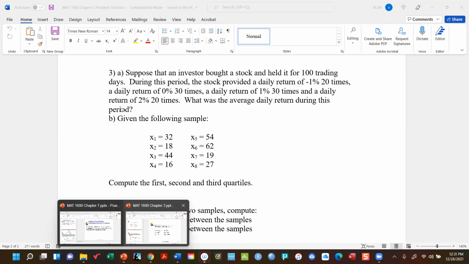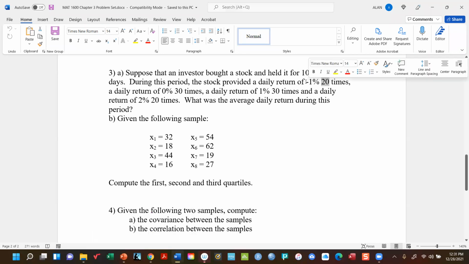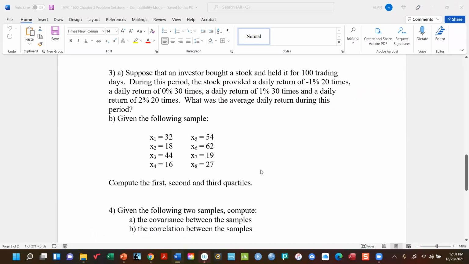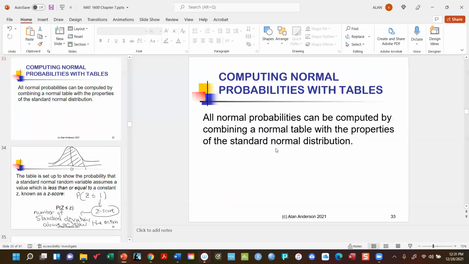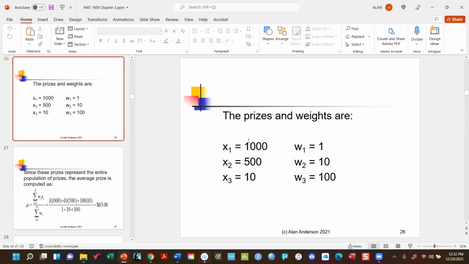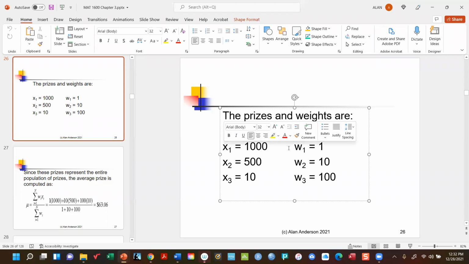So what's happening here is that the weights are 20 for the 1% loss, 30 for the 0% loss, 30 for the 1% gain, and 20 for the 2% gain. And the percentages are the X's. Right. So you can make up a little list here of the weights, and the X's would be the percentages, like -1%, 0, 2%, that kind of thing.